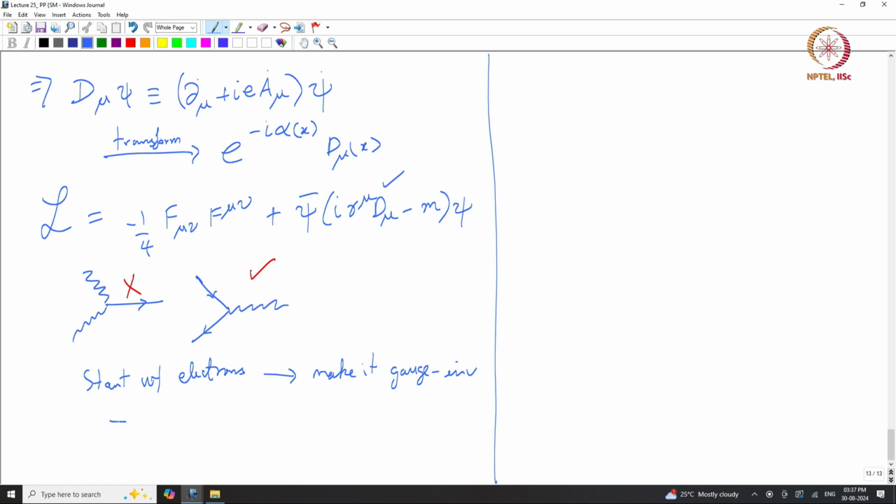If you do that, you cannot help having, okay, a force carrier, you cannot help introducing the photon, okay.